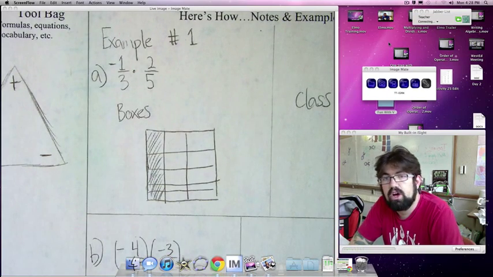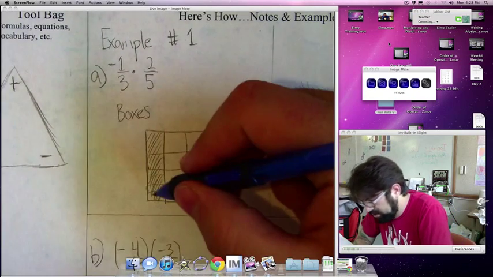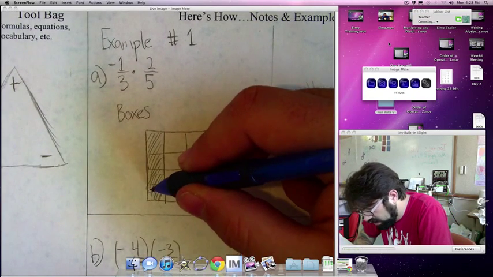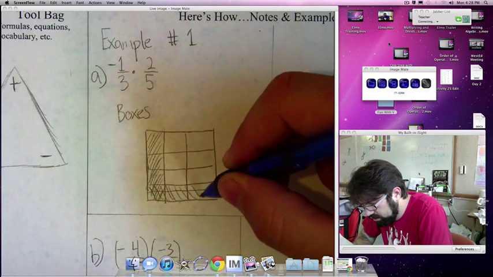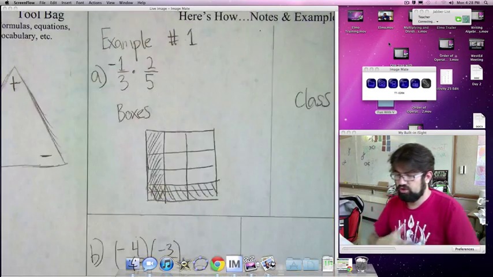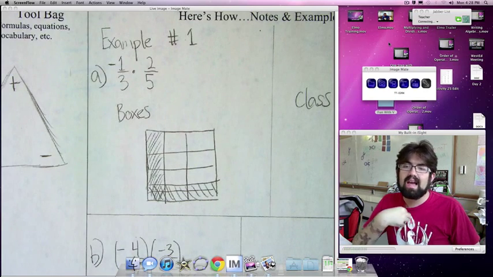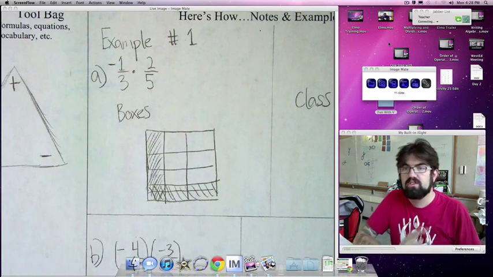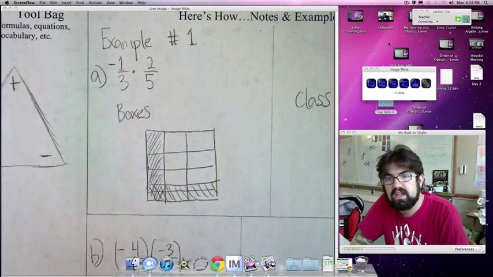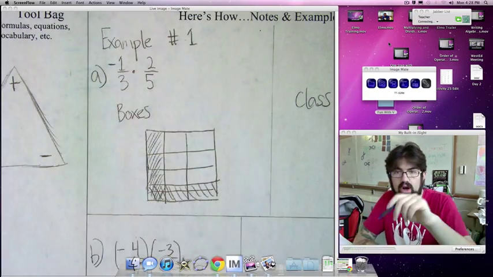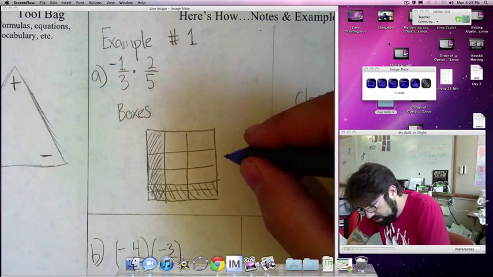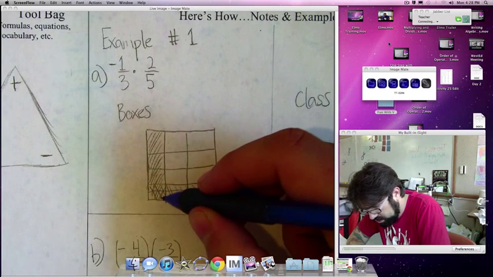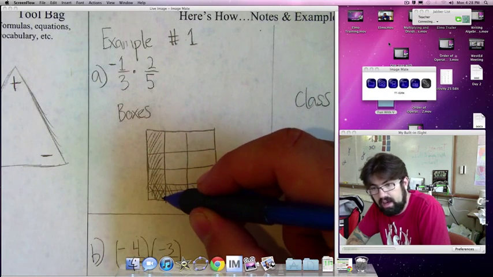And I know I have 2/5, so I'm going to shade 2 of the rows. Let's say these 2. So what I'm doing is counting how many boxes are shaded both ways, with the columns up and down, and also the left and right. Well, I have 1, 2. These are both shaded that way.